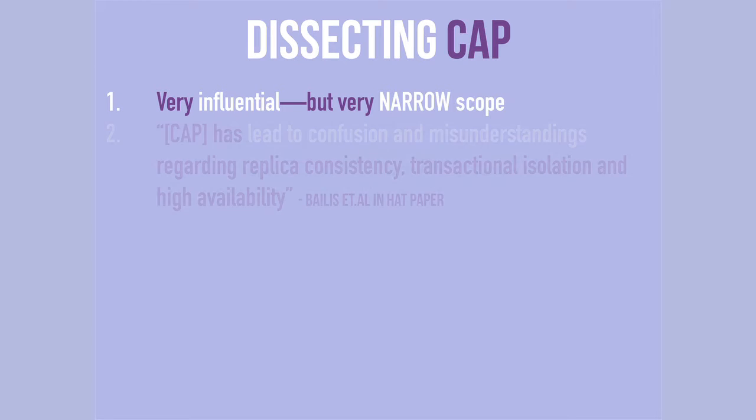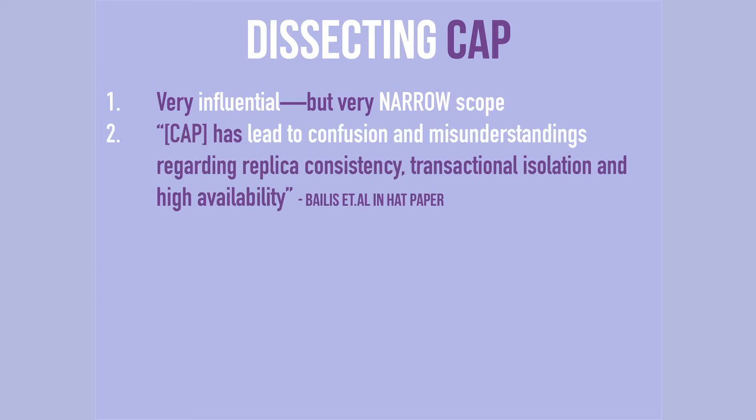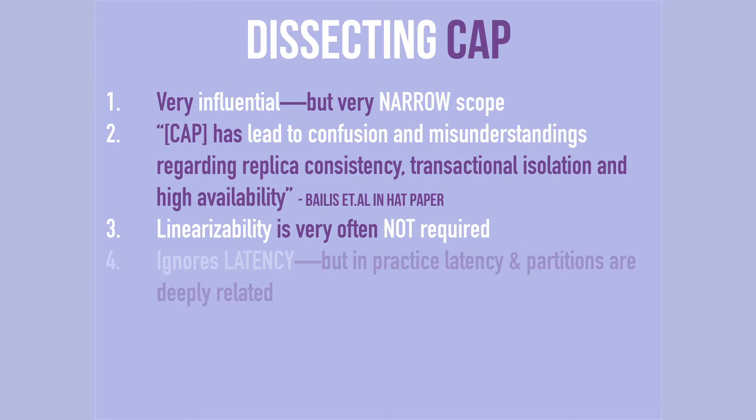Peter Bailis, in the HAT paper, the highly available transactions paper, which I'm going to come back to later, said that CAP has led to confusion and misunderstanding regarding replica consistency, transaction isolation, and high availability. And the essence is that linearizability is a very strong guarantee, and it's not very often required, actually.